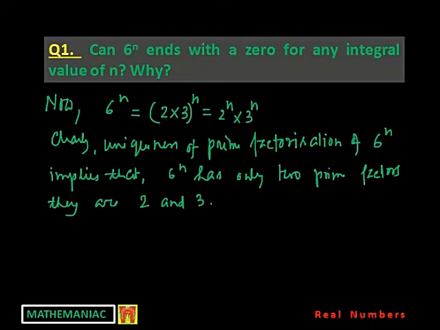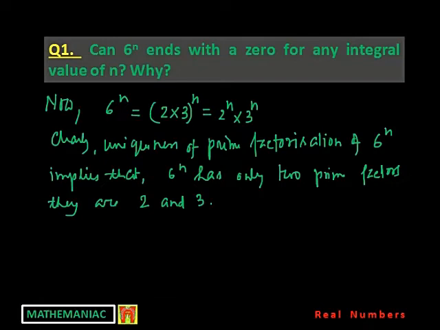Now observe one thing. If a number is to end with 0, it must be divisible by 10. And if it is divisible by 10, then necessarily it should be divisible by 2 and 5. It means a number which is supposed to end with 0, if you factorize, should have 2 as well as 5 as its prime factors.